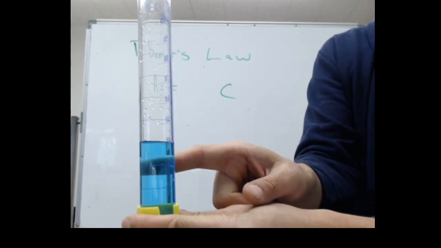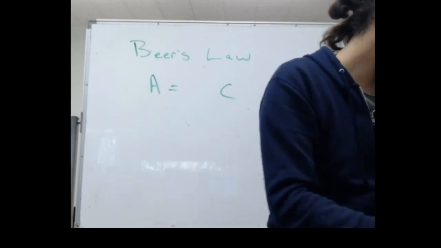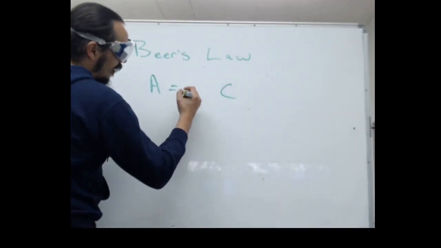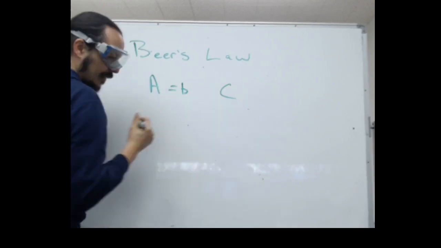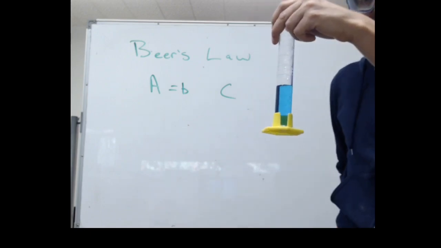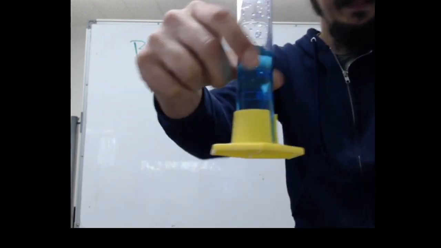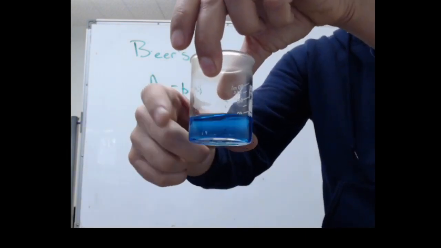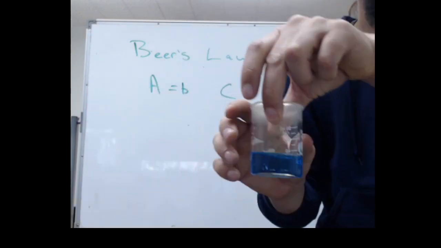Now, how much light gets through depends not just on concentration, but also on path length. That is to say, how far the light has to travel through. If you've got something that's thicker or larger, you're going to have some path length associated with that.